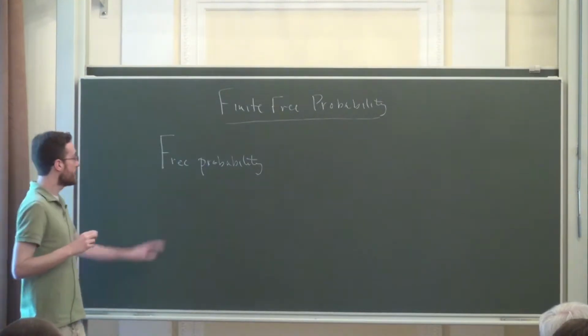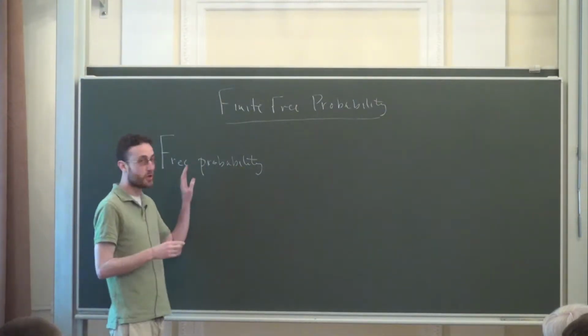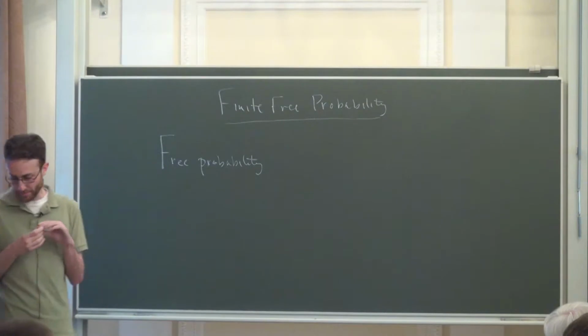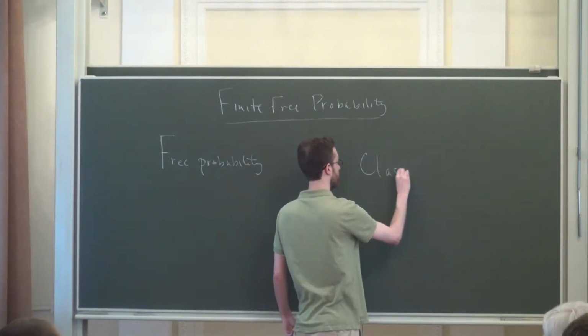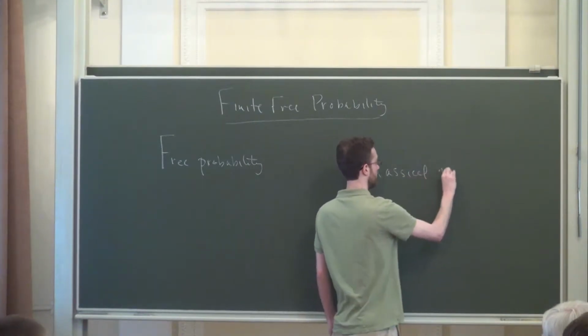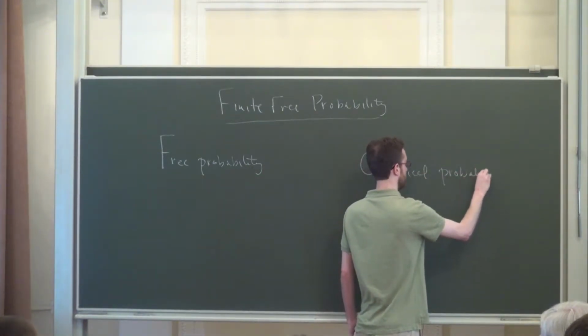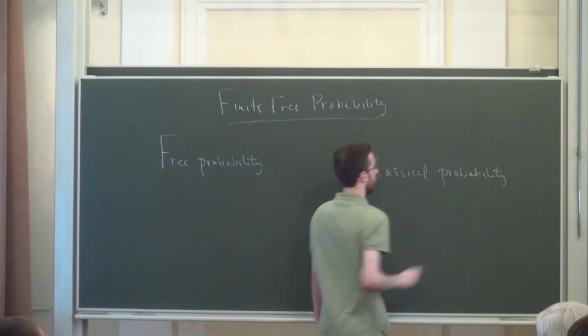Free probability is a non-commutative version of classical probability. So actually, let me make a chart here. So over here, we have classical probability.